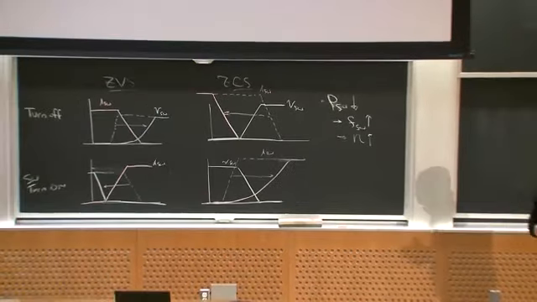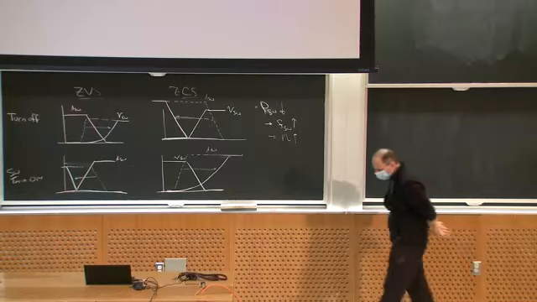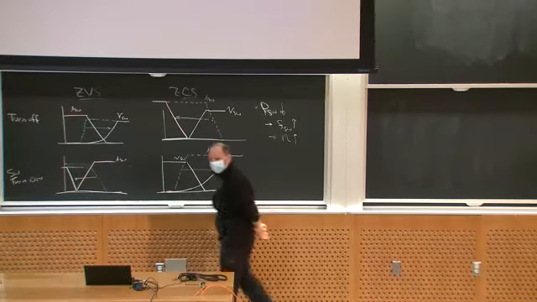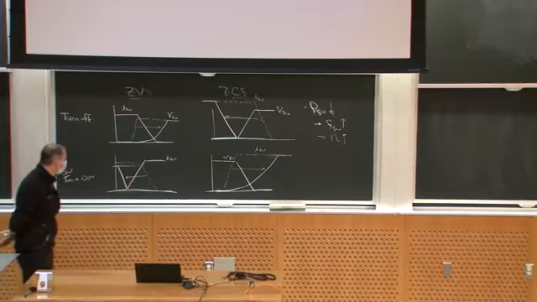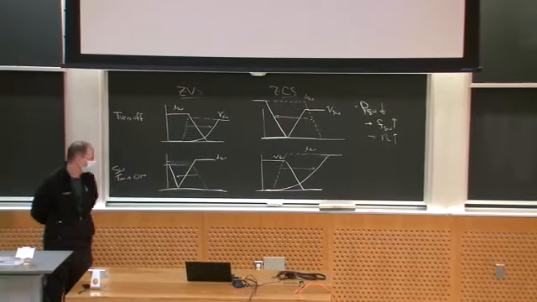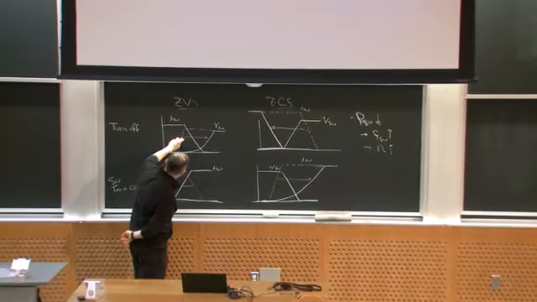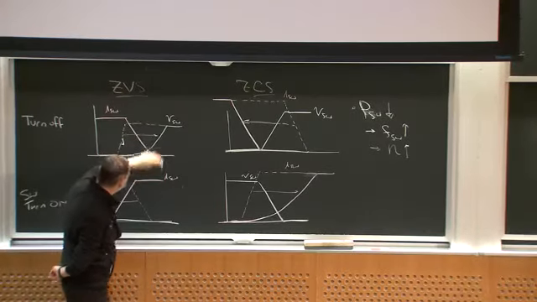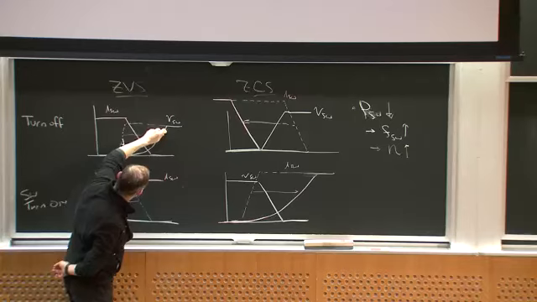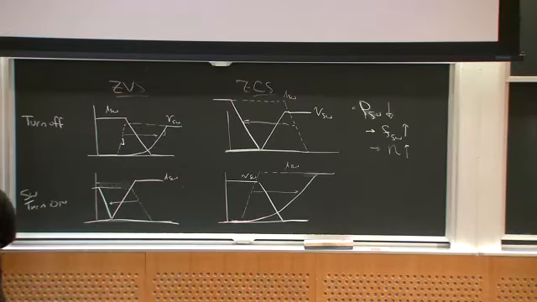A second reason to do soft switching is a little bit more subtle. We spend a bunch of time talking about EMI, right? And one of the things is for a given switching transition, if I had a very rapid, say, dV/dt here, if I'm going to soft switch, usually what I'm doing is I'm arranging so that the voltage slope is lower.